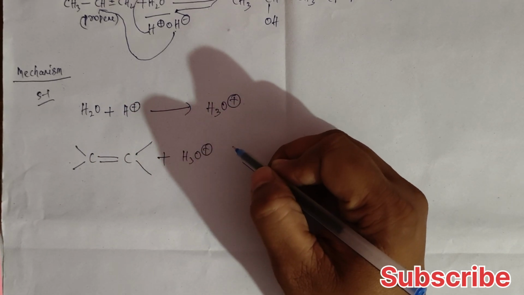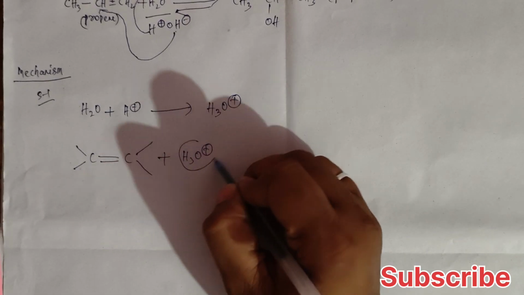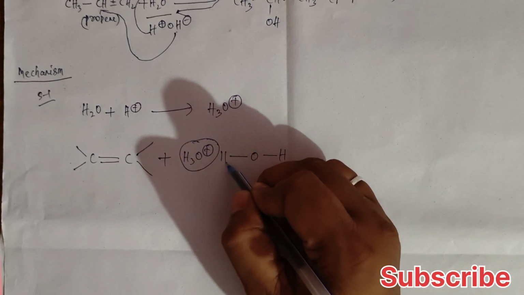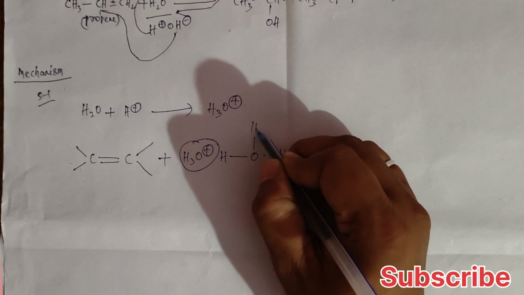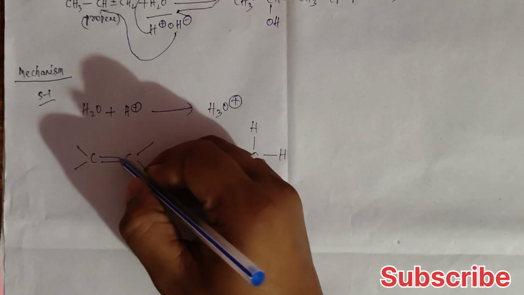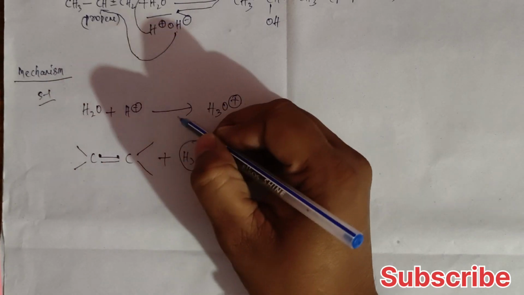Okay, so here we can write this H3O plus like this: OH, this is H, this is another H, plus charge and the lone pair of electrons. Okay, so here the lone pair will attack.